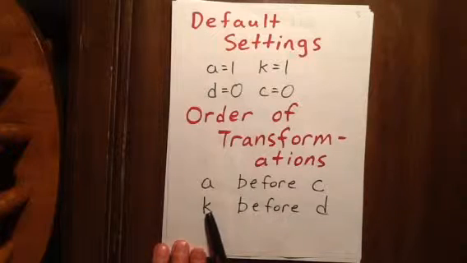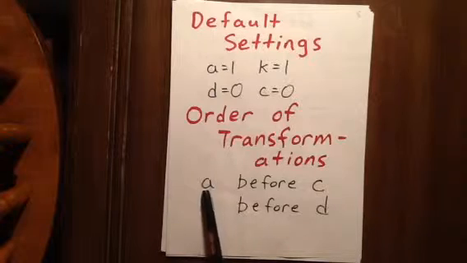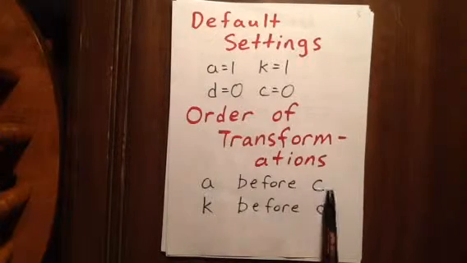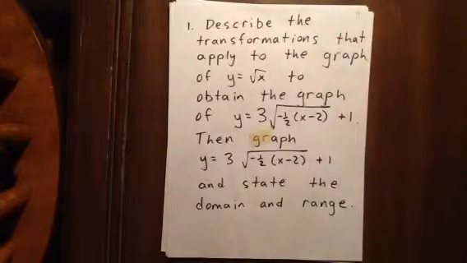So we should deal with any horizontal reflections or compressions or stretches before we deal with any horizontal translations. And same with this, we should deal with any vertical stretches or compressions or reflections before we deal with any vertical translations.